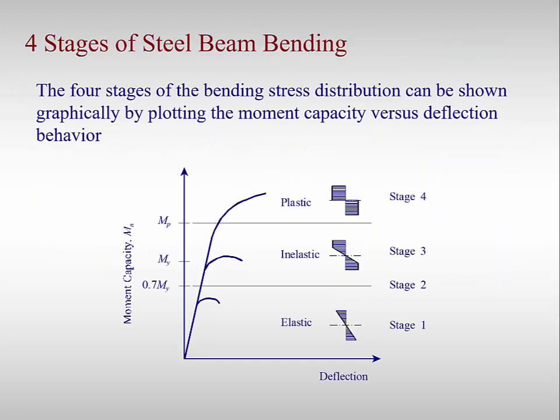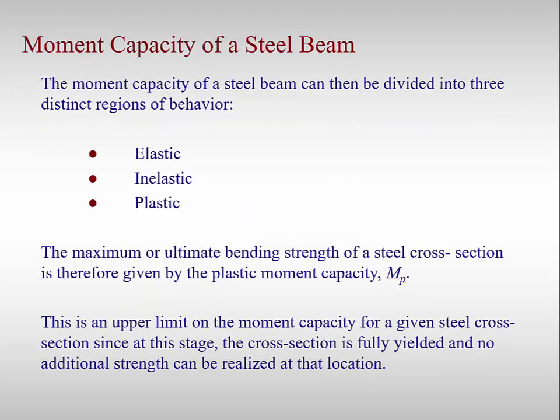In summary, when a beam is loaded, the internal moment in the beam goes through 3 regions of behavior and 4 distinct stages. Shown is a plot of the nominal moment capacity versus the beam deflection. The 3 regions of behavior of a beam are elastic, inelastic, and plastic.